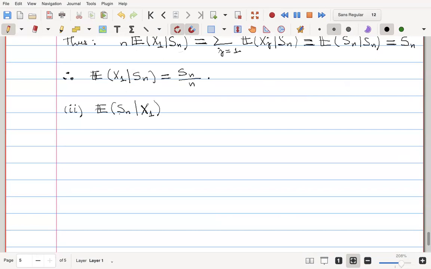It is what it looks like. But anyway, if you use the linearity of conditional expectation, we know what this Sn is. It's the sum of the xi's, so we can split this.